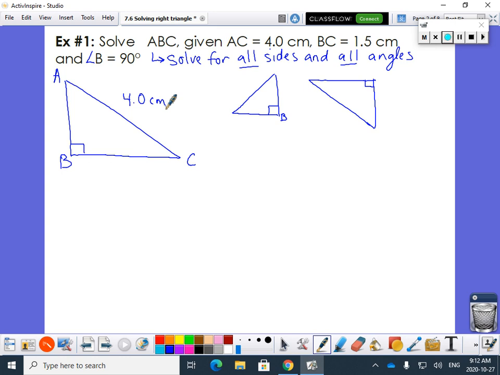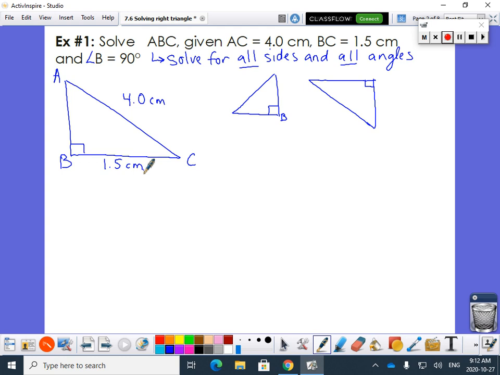And then BC is 1.5 centimeters. So it says, solve for all sides and all angles. So we don't have angle A, sorry, we don't have angle C, and we don't have side length AB. So there's 3 things that we need to figure out for this triangle.